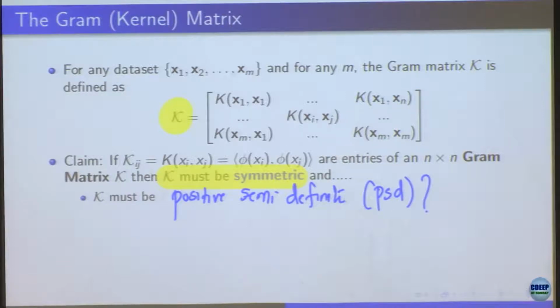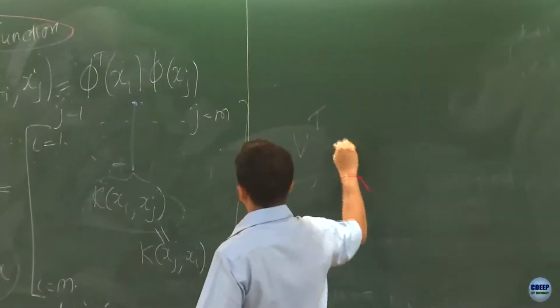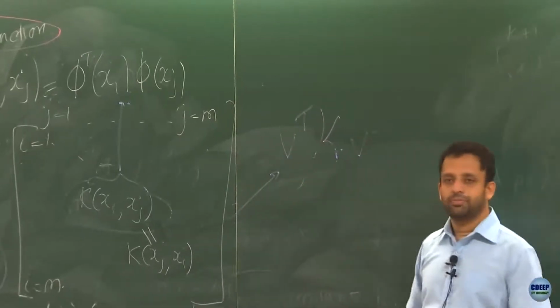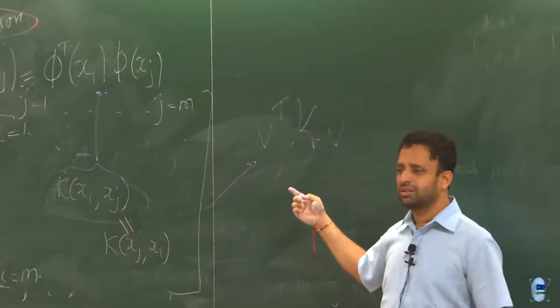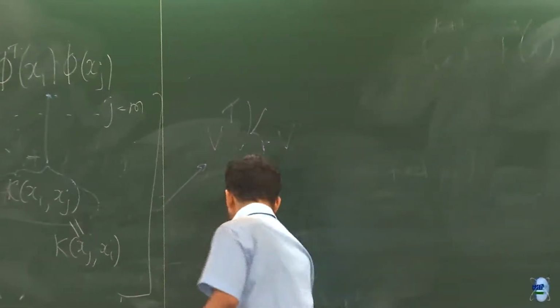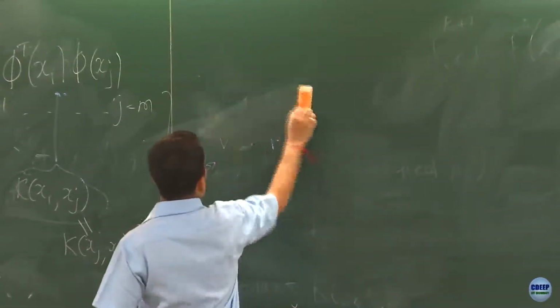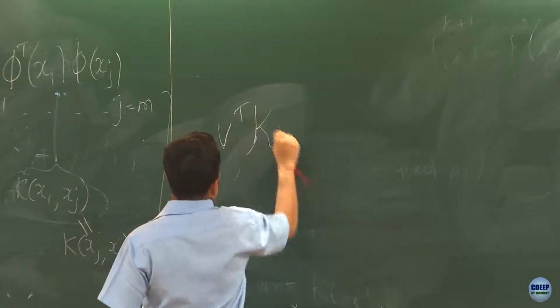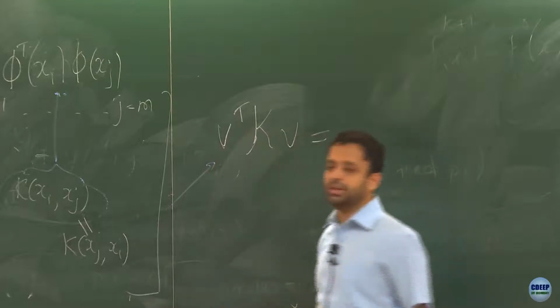Okay, so he's saying to show that the gram matrix is positive semi-definite, we can look at some V transpose calligraphic K V. Let's look at its form. Is this chalk visible? No, so I'll just use it. V transpose calligraphic K V. Write down the form. What will it look like?